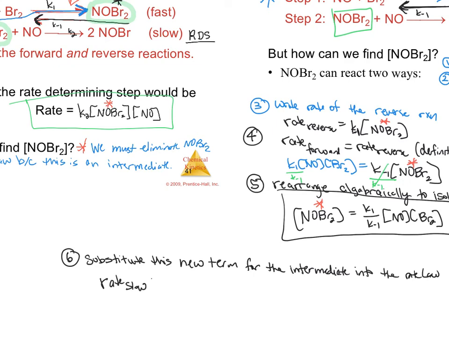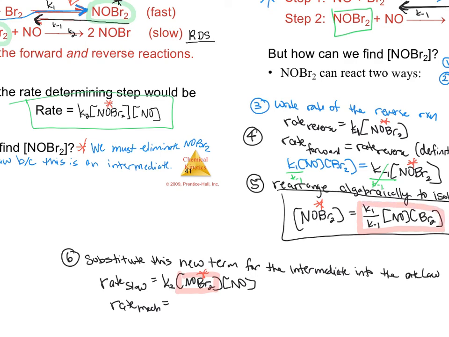I'm going to just rewrite it. K2 times NOBr2, which is our intermediate, times NO. Now I'm going to write this again. So this will be the rate of our mechanism because we've substituted out the new term for the intermediate. So instead of writing NOBr2, I'm going to write this whole entire term.